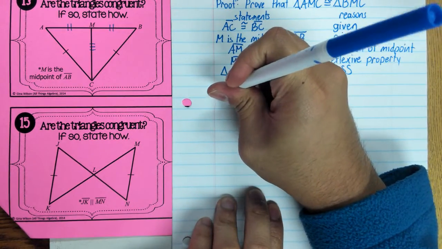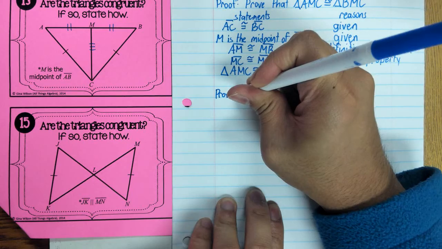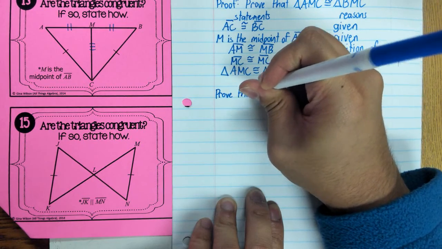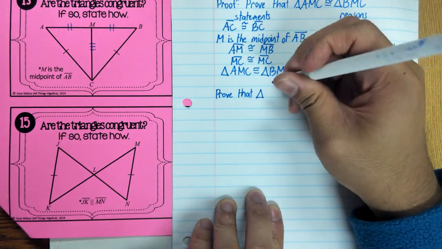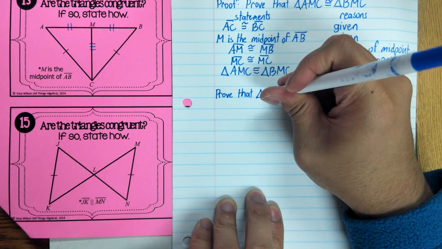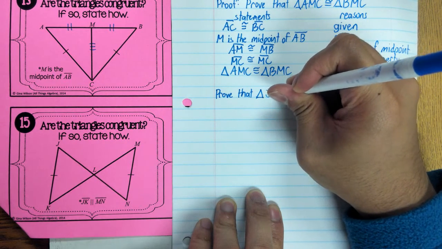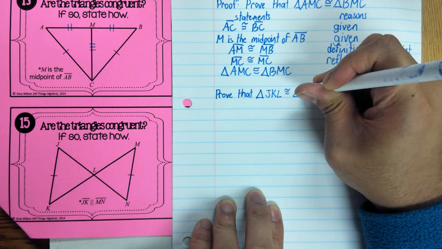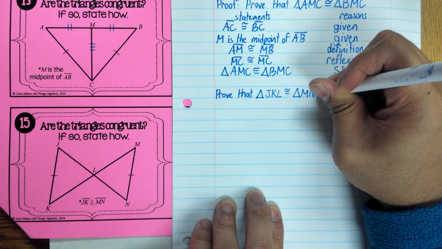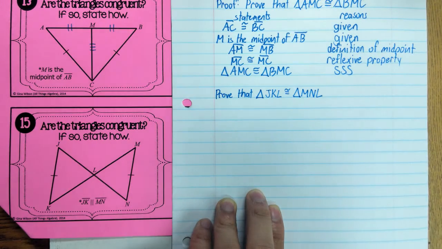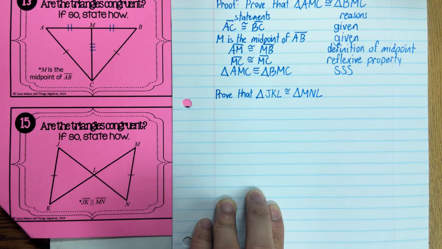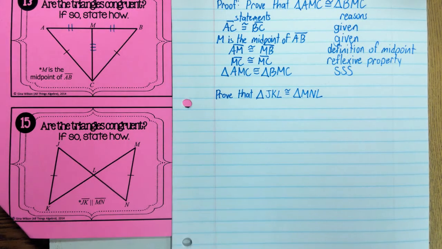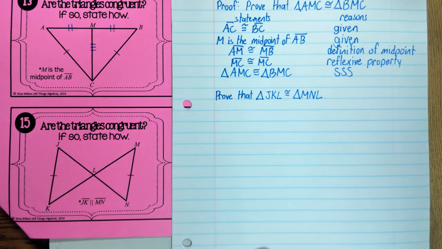So again, our job is to prove that triangle JKL is congruent with triangle MNL.